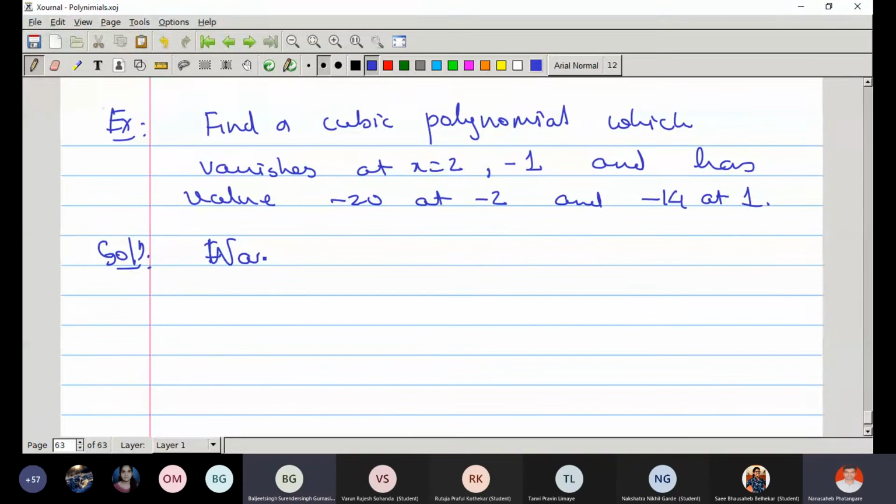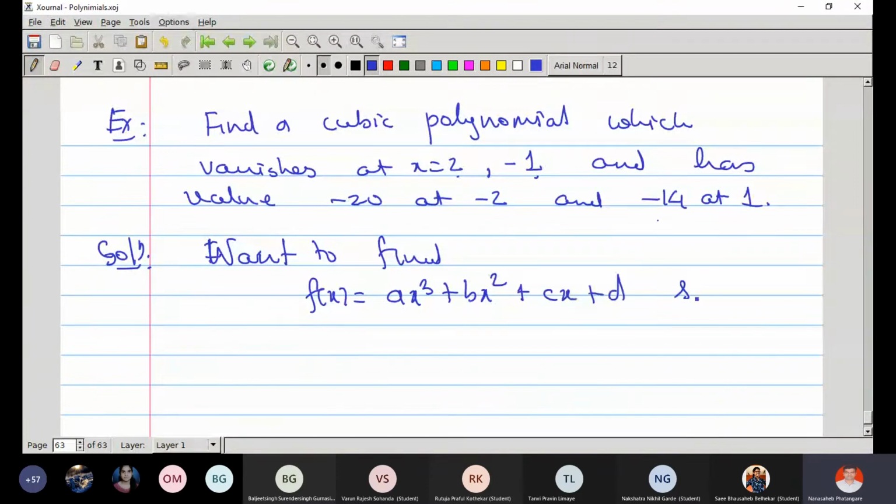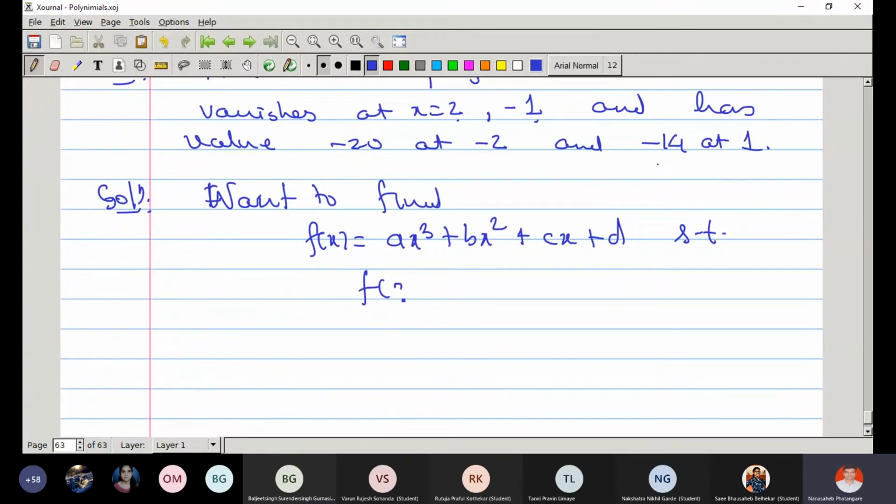We want to find f of x equal to ax cube plus bx square plus cx plus d, a degree 3 polynomial, such that it vanishes at 2, meaning f of 2 is 0, f of minus 1 is 0, the value at minus 2 is minus 20, and the value of the function at 1 is minus 14. So this information is given. Fine.